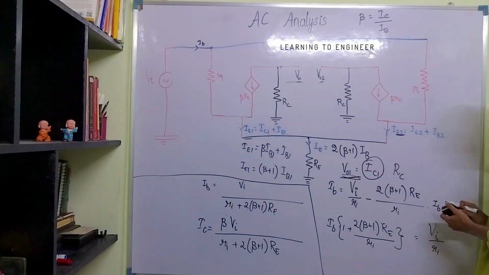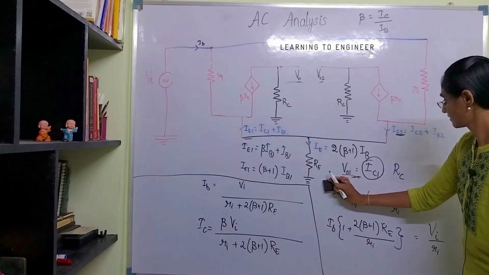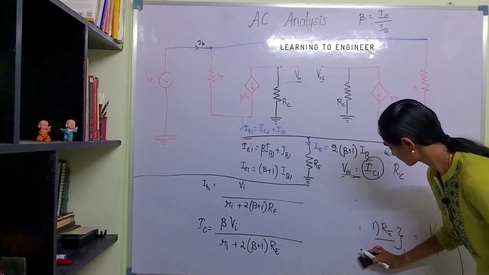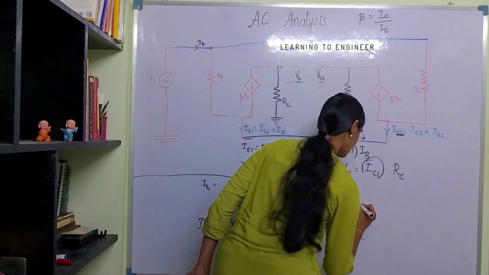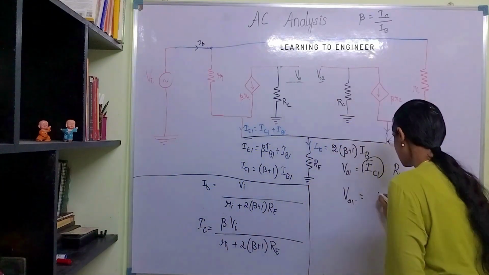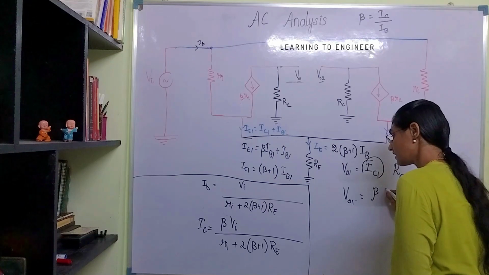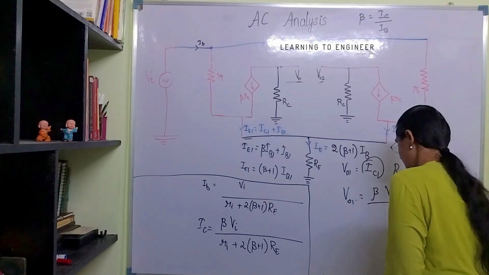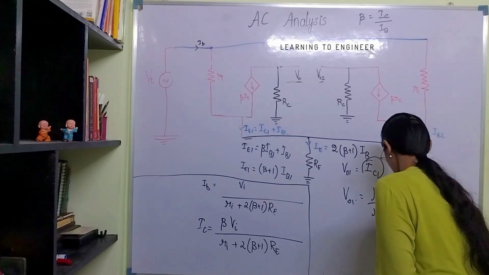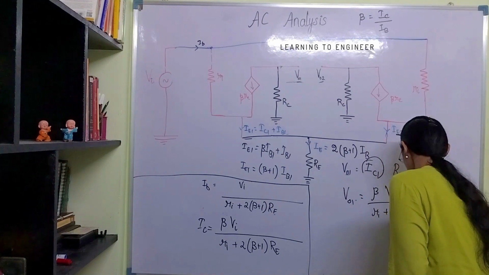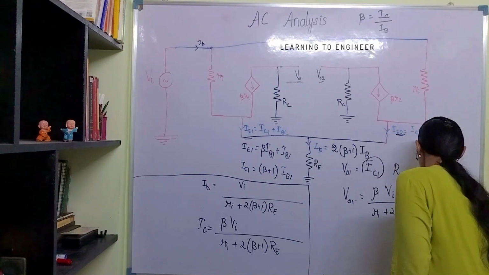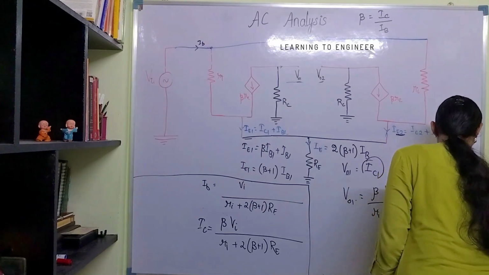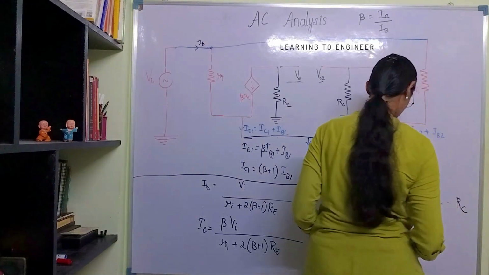Okay, I'll rub this. So VO1 will be the collector current, which is beta into Vi by Ri plus 2 into beta plus 1 into Re, multiplied by Rc. So what is the gain?